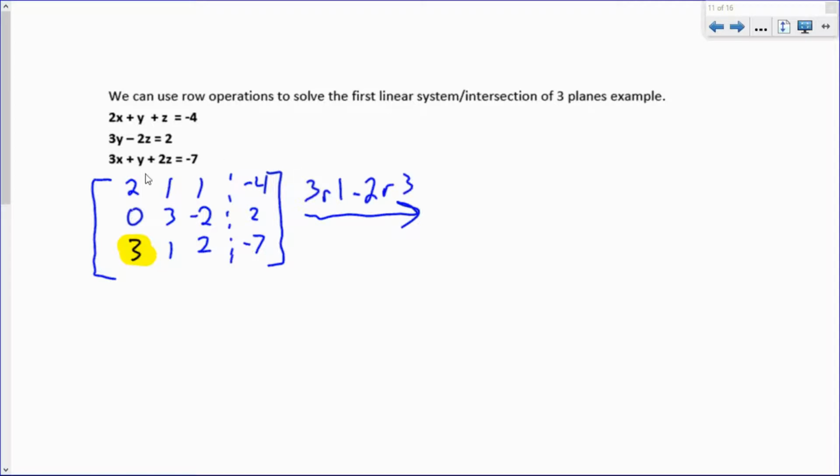So notice that will give me a 6 here minus 6 to give me a 0. As I do that, I'm going to replace row 3 with the result of 3 times row 1 minus 2 times row 3. So the other 2 rows are going to stay exactly the same.